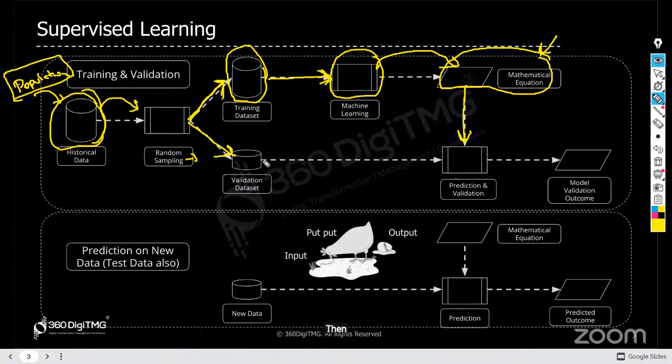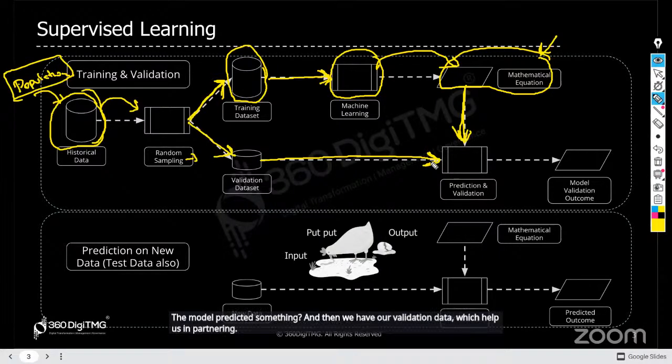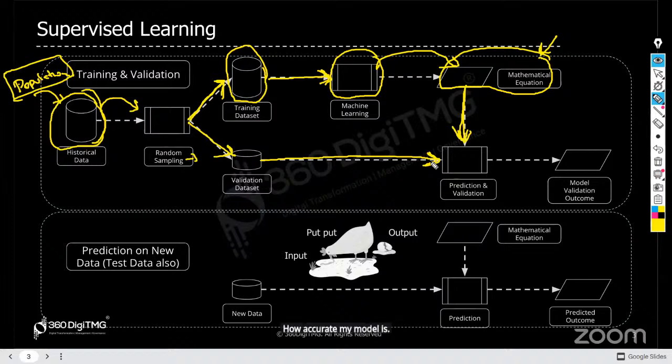Then we feed the validation data and check how accurate our model is. The model predicts something, and the validation data helps us find how accurate my model is. After that, we will store it somewhere.